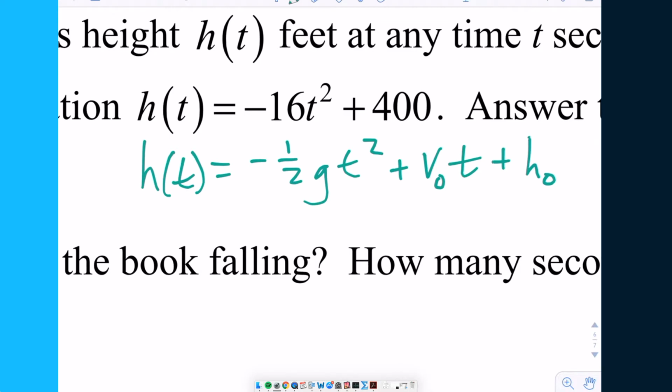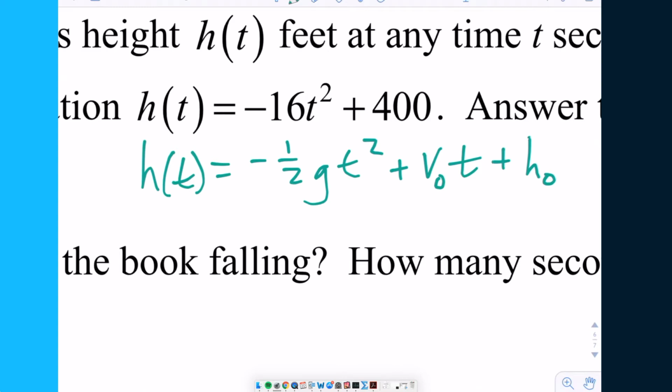It's also about 32 feet per second squared. V sub o is your initial velocity, so if you're throwing the book down instead of just dropping it, that would have a value. And h sub o is your initial height. So that's how this comes into being. We're using feet per second, so we use 32 for little g. That's how we get the negative 16.